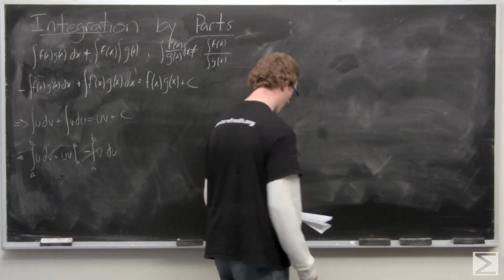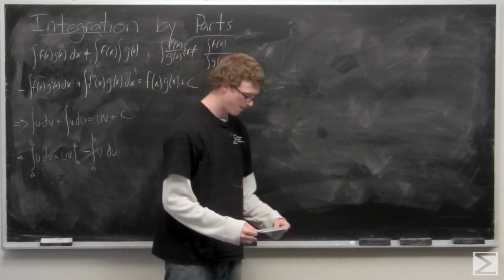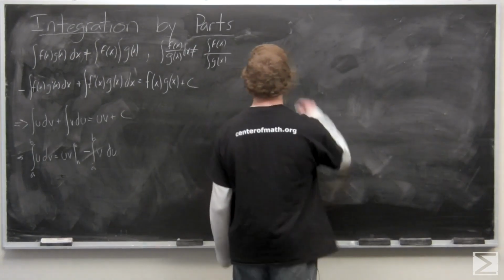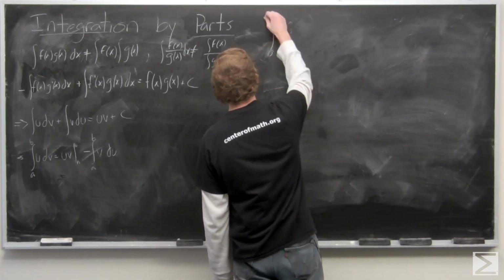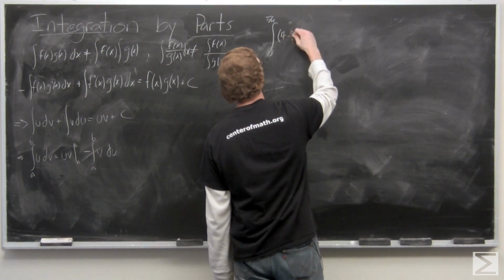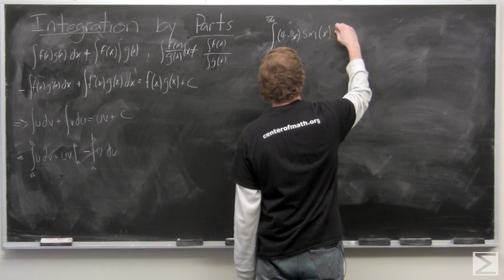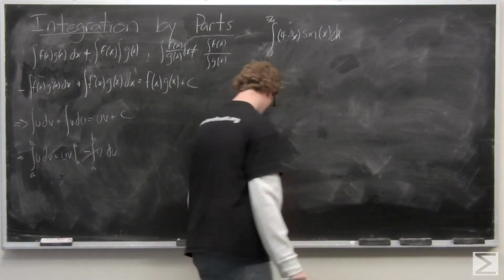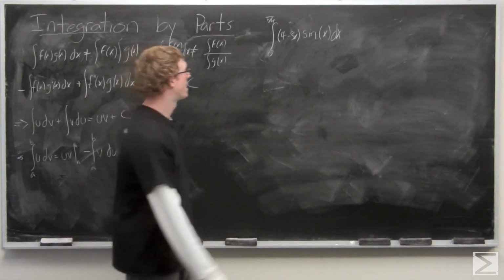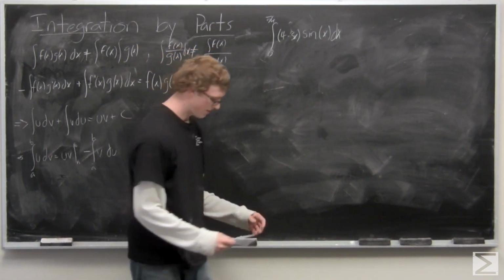So the integral we have is from 0 to pi over 4, and it's 4 minus 3x times the sine of x dx. Now we're going to decide which to set equal to u and which to set equal to dv.